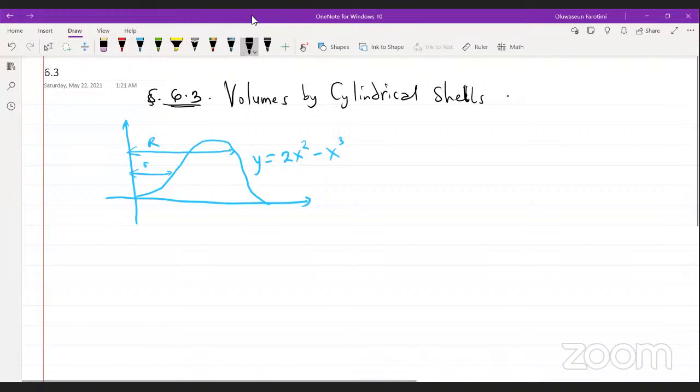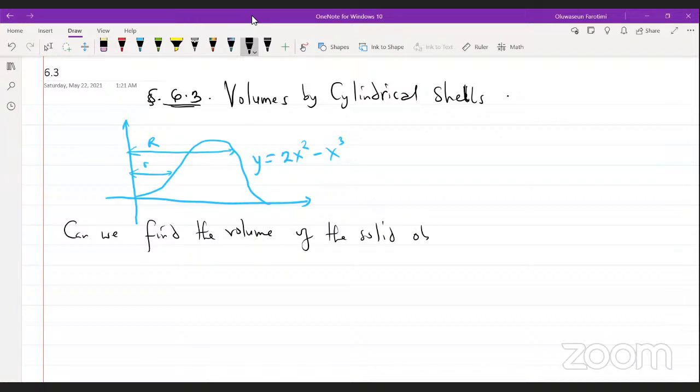All right, so now the question is this. Can we find the volume of the solid obtained by rotating this region about the y-axis?